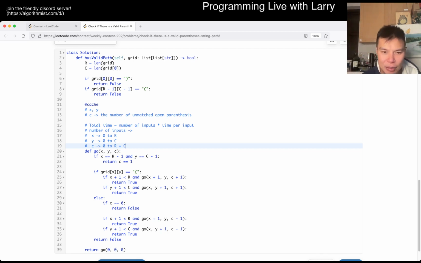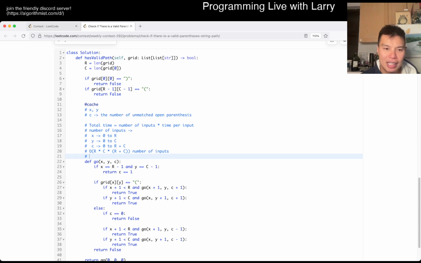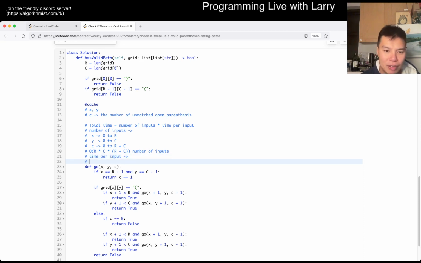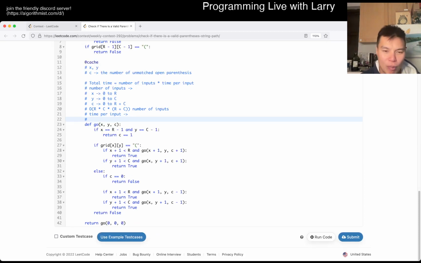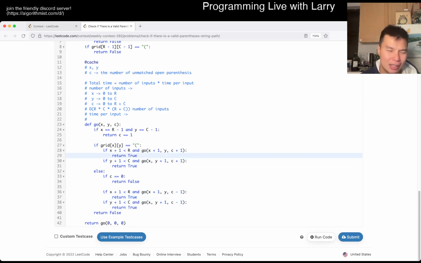So that means that this complexity is going to be O of R times C times R plus C, and that's your number of inputs. And in terms of time per input, everything does O of 1 because we only make 2 calls at most, and something like that in some if statements.